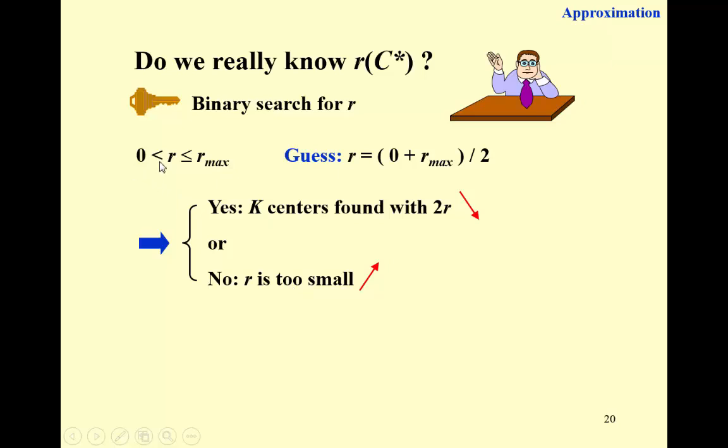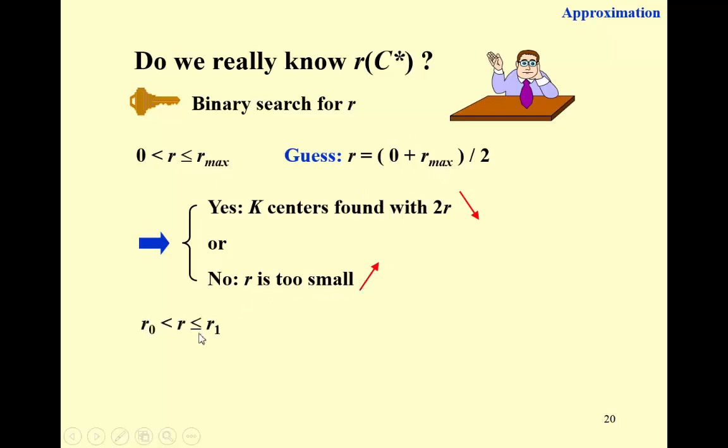So it means that we start from an interval from 0 to the upper bound, to the diameter, and we start to check this initial guess, r. And if the answer is yes, what do we do? We would update the upper bound of that interval and try to calculate the new central position for another r and test with a smaller r. And if the answer is no, we should update the lower bound of that interval and test a larger r.